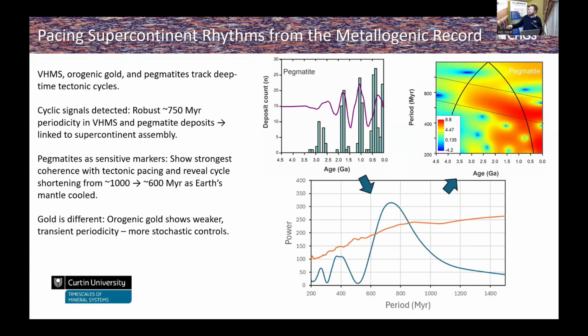This is a statistical significance level. So when this blue line gets above the orange line, that tells me about a significant frequency. And it tells me that there's a significant frequency of about 800 million years. Now that's interesting. 800 million years is the same amount of time that the supercontinent cycle takes. So in our ore data of pegmatite-based ores, we're seeing a supercontinental signal of 800 million years.